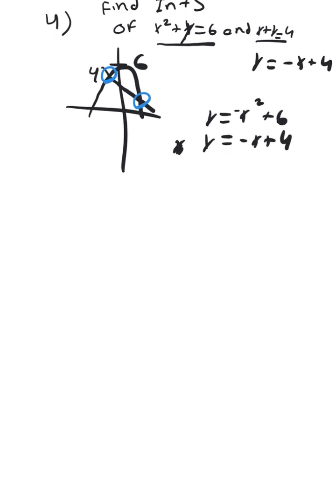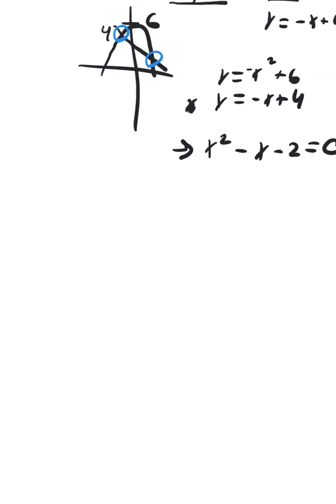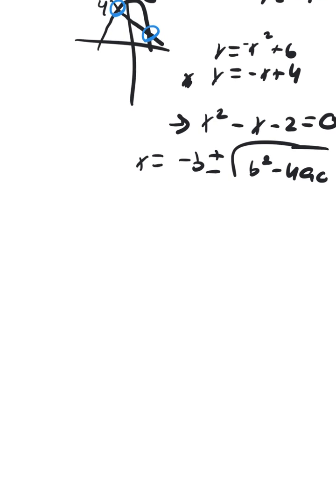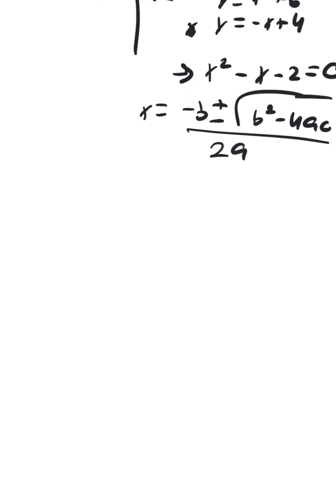If we put this into the quadratic formula, in preparation for the quadratic formula, we get this. So now we plug it into the quadratic formula, which is x equals negative b plus or minus the square root of b squared minus 4ac over 2a.